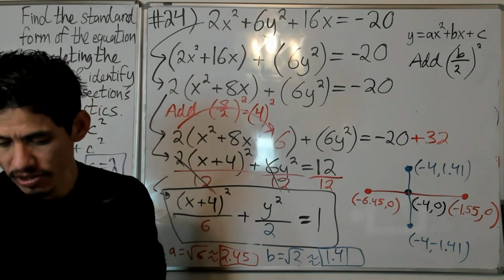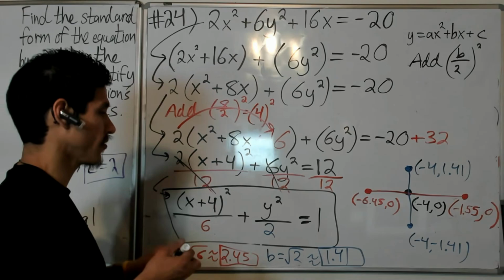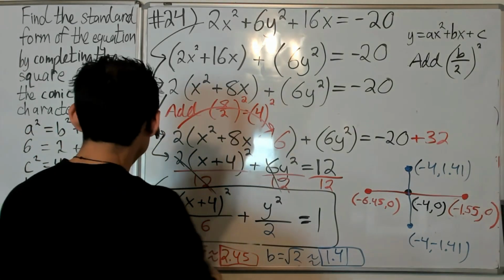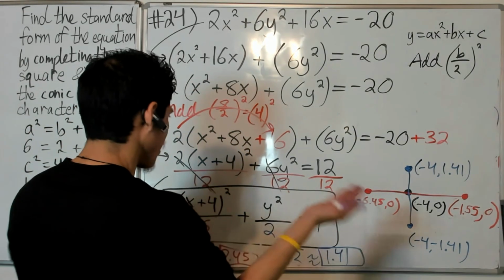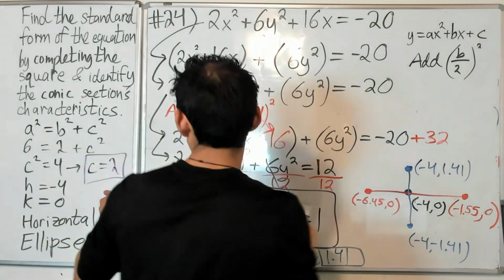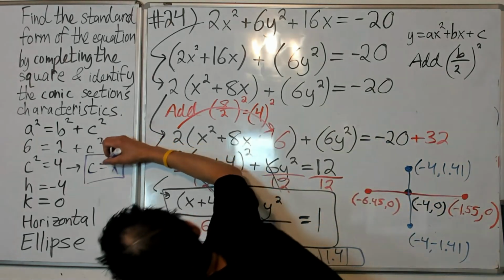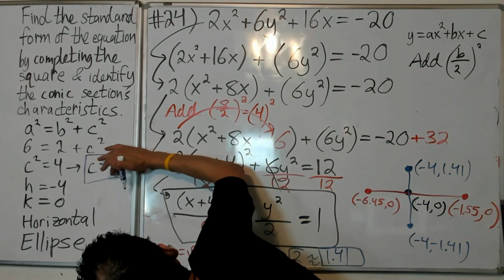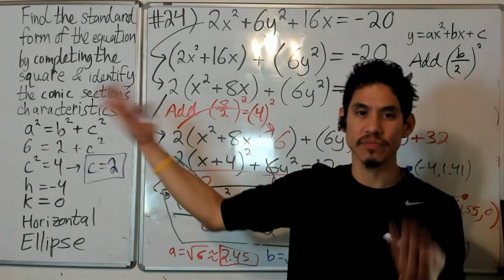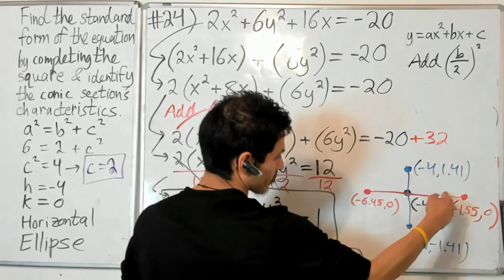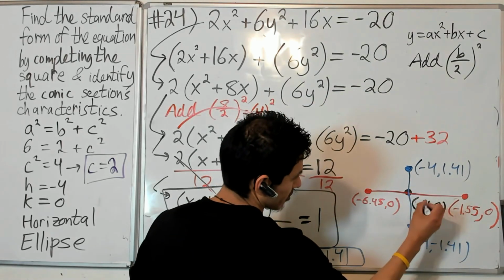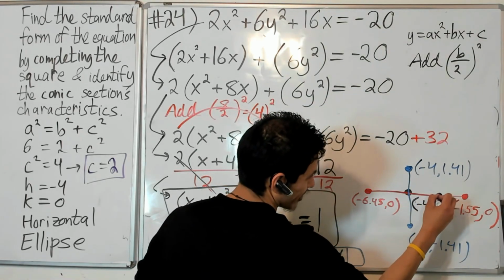And then I now can draw the foci. Well, let me use a purple. Oh yeah, here's my c. If that's supposed to be a 2, guys, look carefully. That just means I go 2 to the right, 2 to the left of the center. So I'm going to put one focus over here.